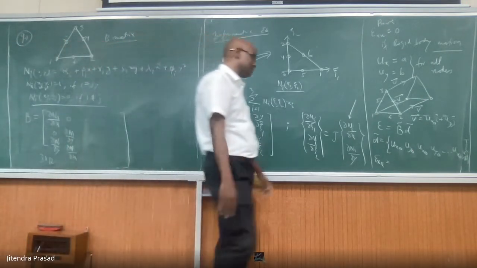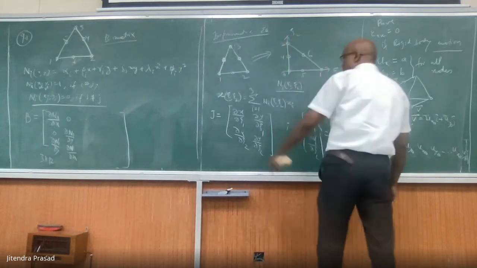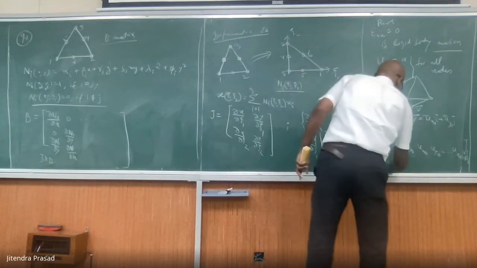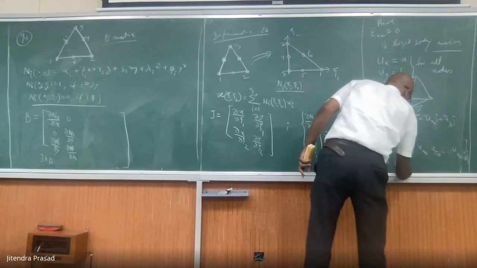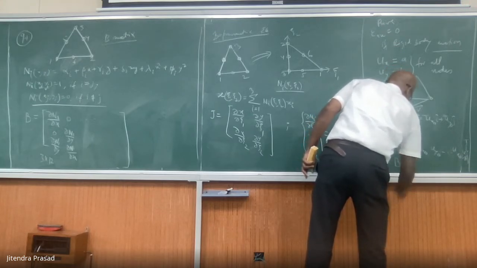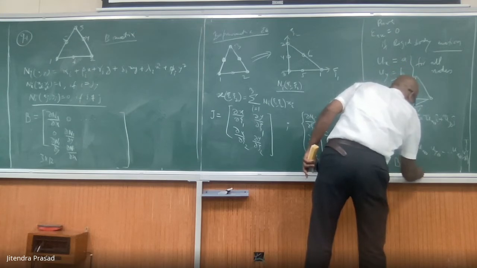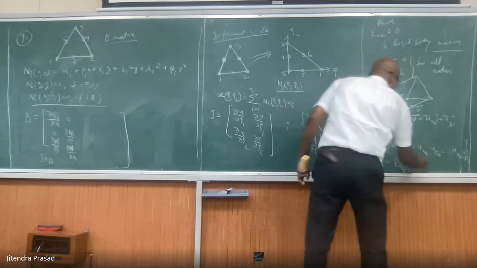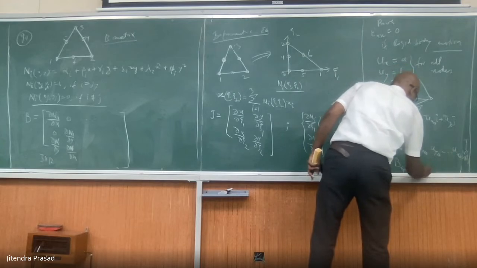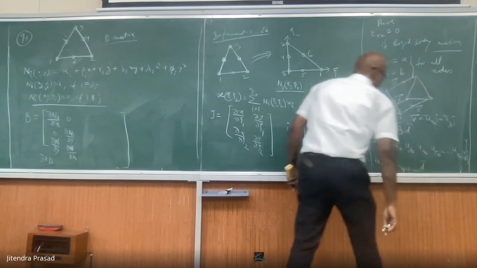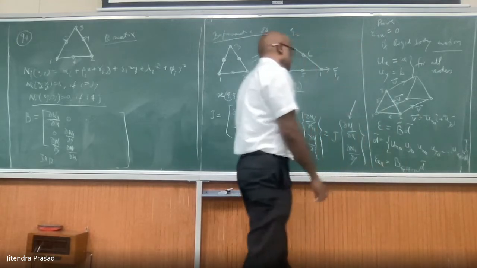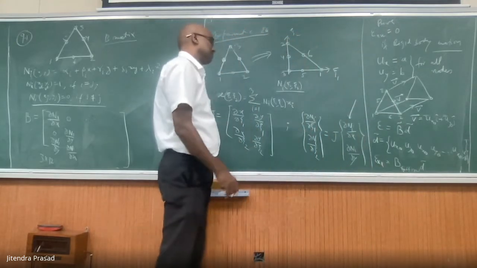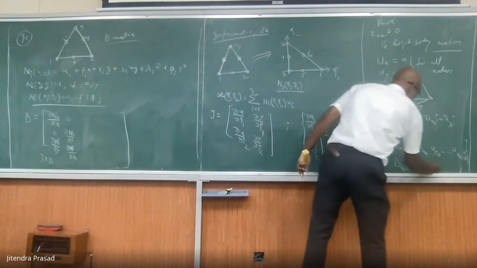You should get 0, equal to the B first row multiplied by D. And this will be equal to 0.